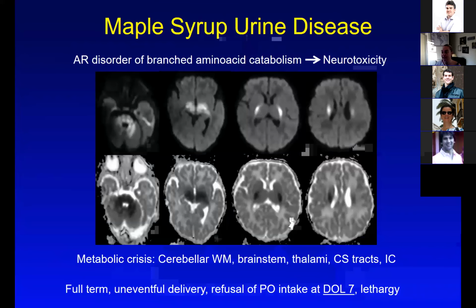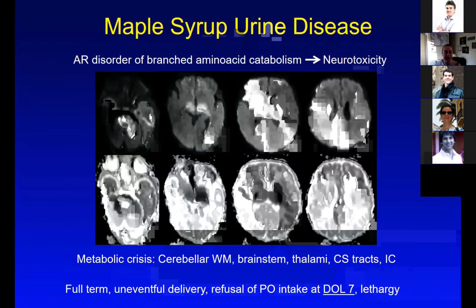Another disease that can affect a neonate is obviously metabolic diseases. When it comes to metabolic diseases, again, at the time of metabolic crisis, restricted diffusion can be seen.